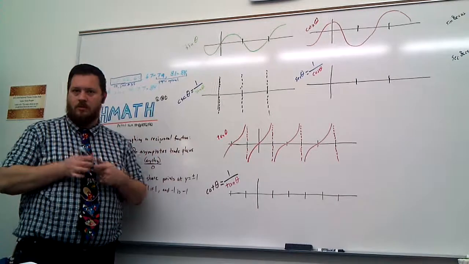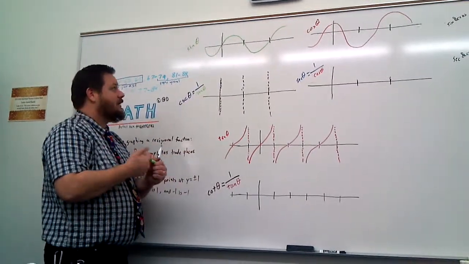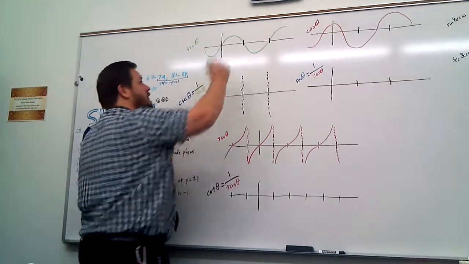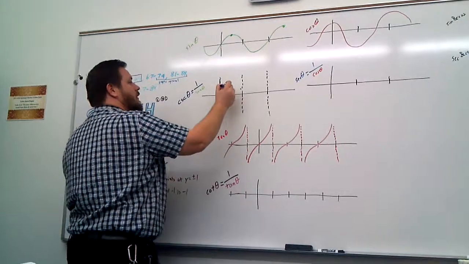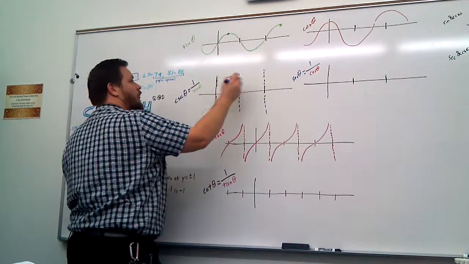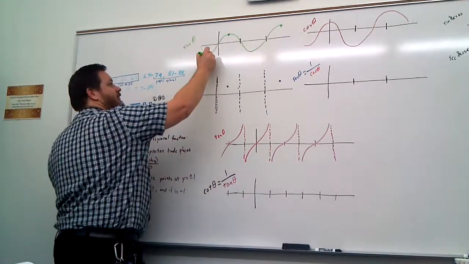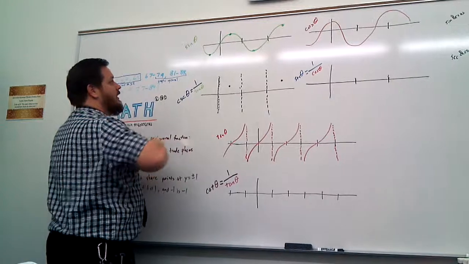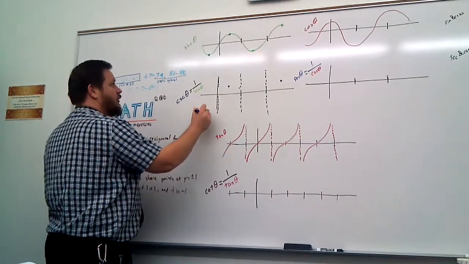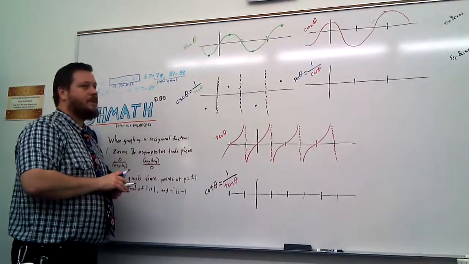No. Now the other thing is, sine is 1 at each peak. Therefore, cosecant also has a value of 1 in the same places. Sine has a value of -1 at each valley or trough, and so cosecant is also going to have a value of -1 in those same places.